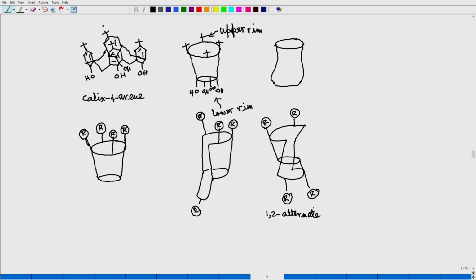And then I will write 1,3 alternate also. Let us see whether I could do it properly. Does not look very nice, does it? Let me write it. Okay, just try to make it better. Sort of this. Let me write now.